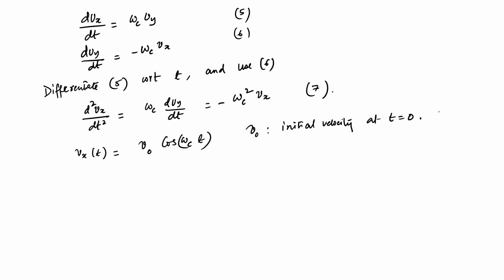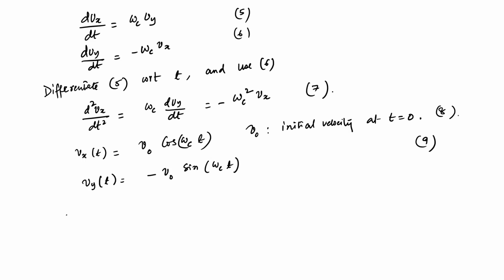Okay. So, maybe this is 8, and we can solve for Vy in the same fashion. You differentiate 6 and put 5 there, and one gets Vy of t equal to minus V0 sine of omega c t. You can do this and convince yourself. Now we want x and y both as functions of t.